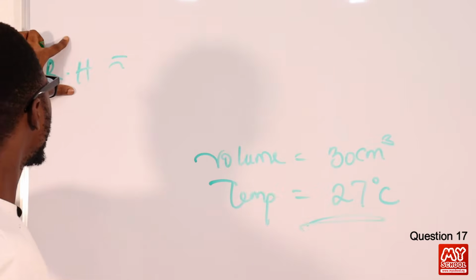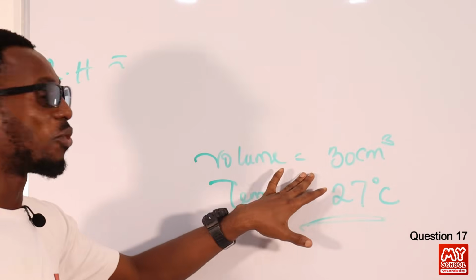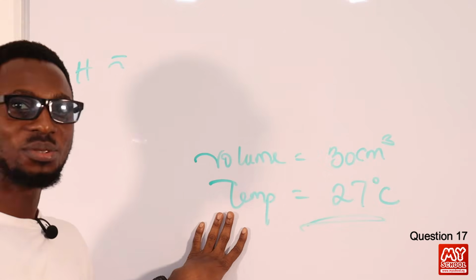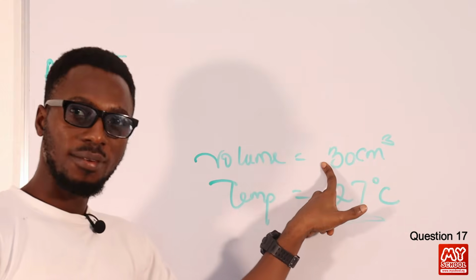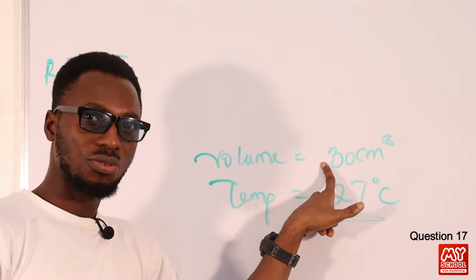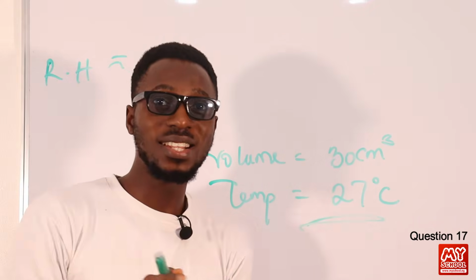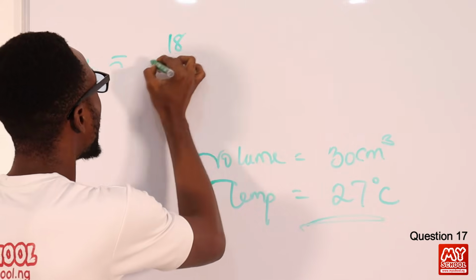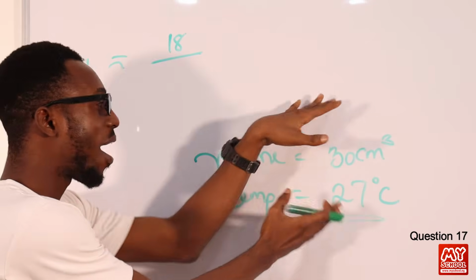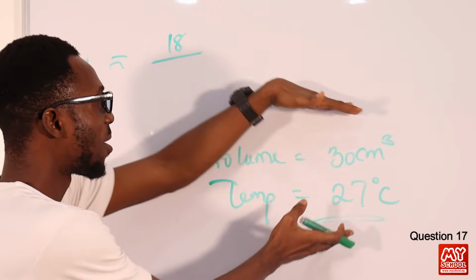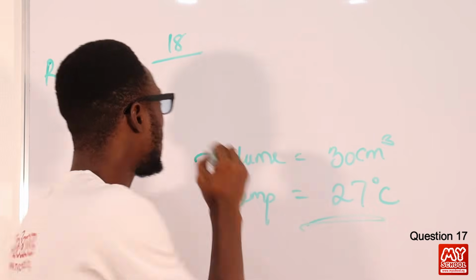So what relative humidity is about is that, looking at this exact volume and this exact temperature, how much water vapor is present at this temperature for this particular volume of air? Do you get? How much is present, right? So from the question, we are told that we have 18 millimeter mercury, right? Over, normally, how much should saturate this? That is actually 24.